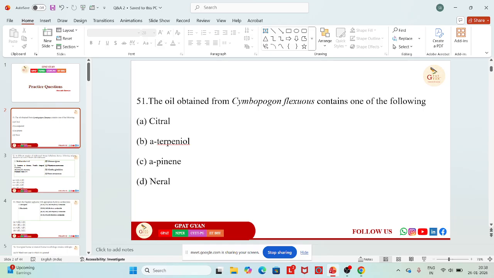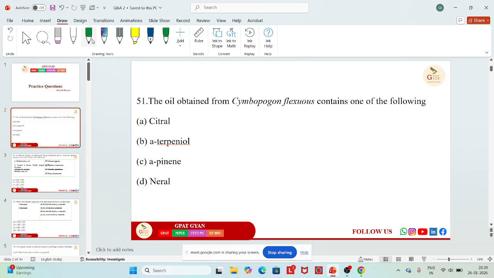Flexuosus is for the lemongrass oil, and nardus is for the citronella. So for the flexuosus, what is going to be the answer? Cymbopogon nardus is the citronella oil and flexuosus is the lemongrass oil.